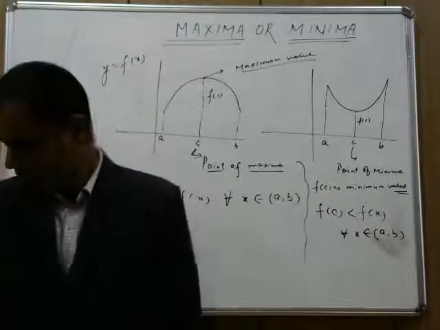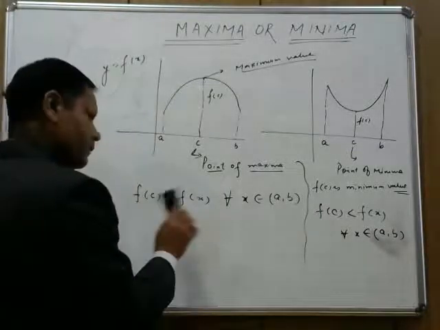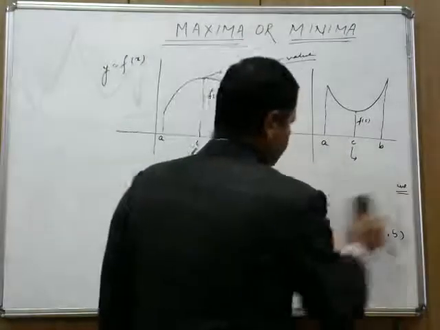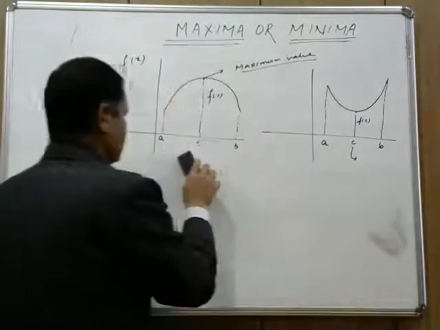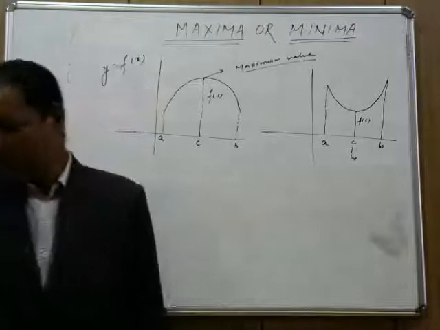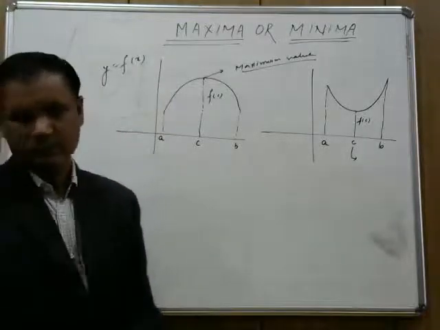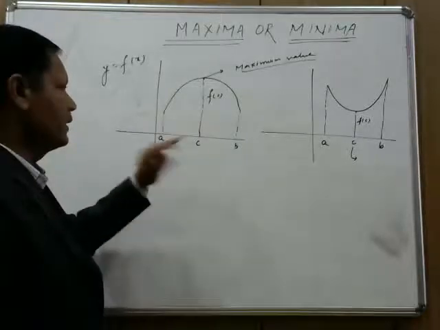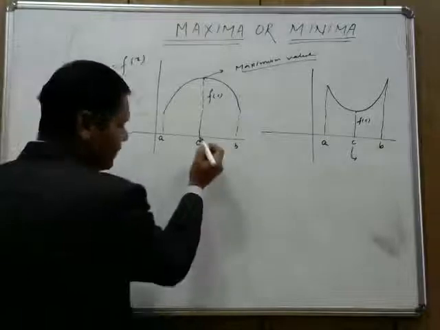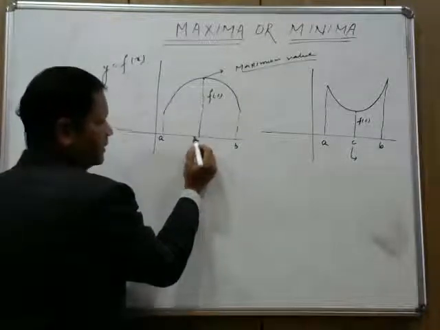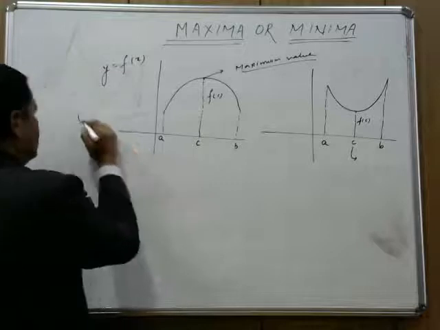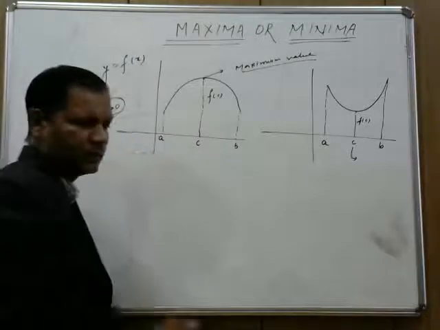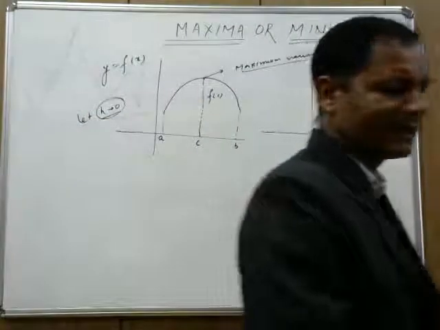Let us see now in the other way. This same thing I will discuss, but in another way. Here c is the point of maxima. Now see, if I take any value just before c, let h tend to 0. h is a very small number, as small as you can think of.